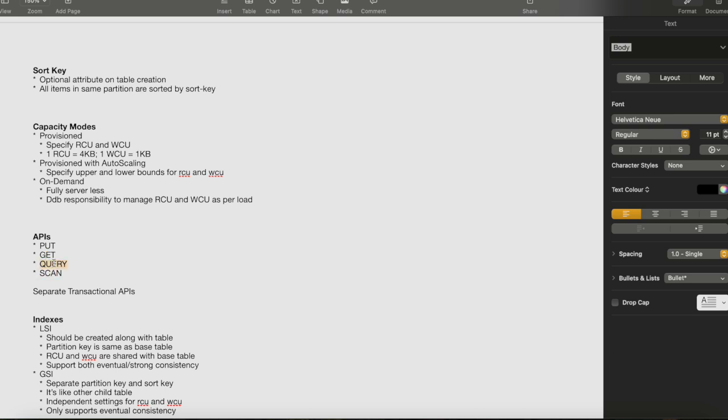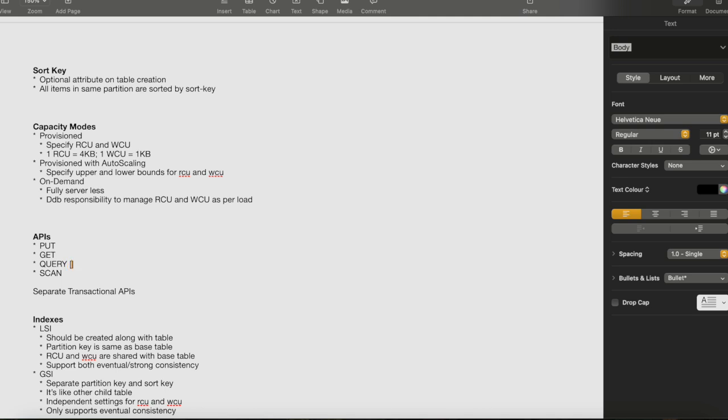Query is helpful if, let's say, you just specify the partition key, and there is also a sort key, but you want to get all data within that partition. So you are not defining all the primary attributes, you are just defining part of it. That's when you run query.